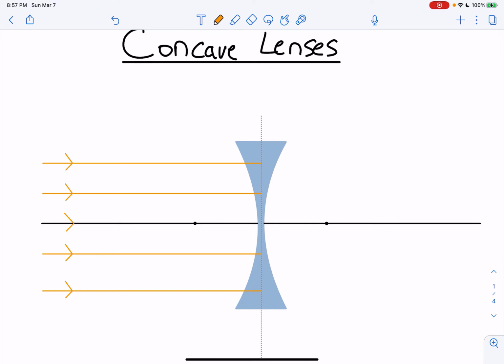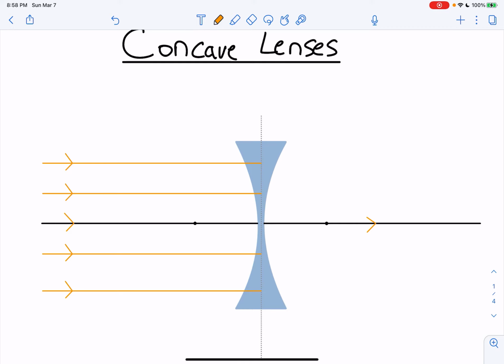That is to say, when we have a ray of light that comes in along the optical axis or striking directly in the middle, it's going to pass straight through. And so we imagine that this line is going straight through without being changed in its trajectory.